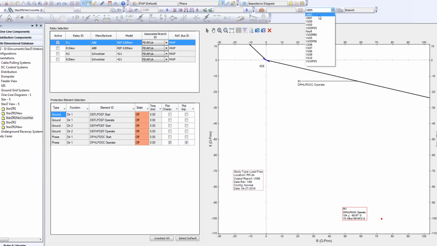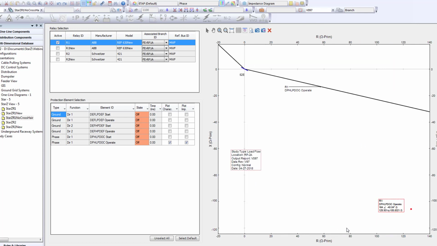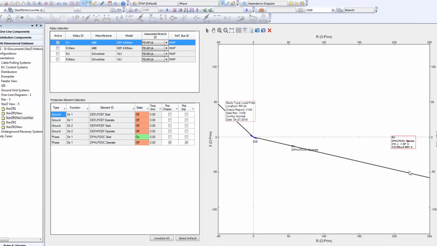Now if we go to 97%, I have done all these analyses beforehand, so I'm just demonstrating here. At 97%, the WTG injects less reactive power to the system, so it is less capacitive and the angle comes a little bit higher. We go to 100% voltage, we are at the set point.